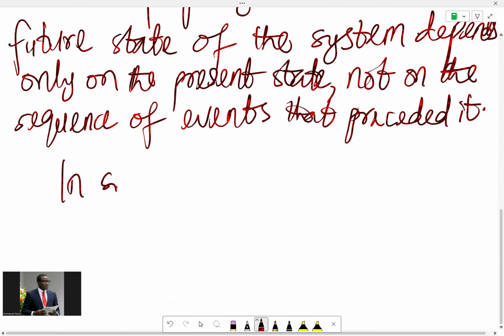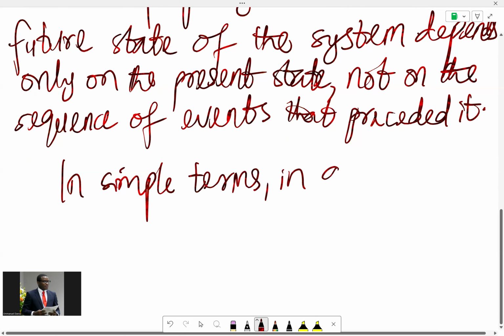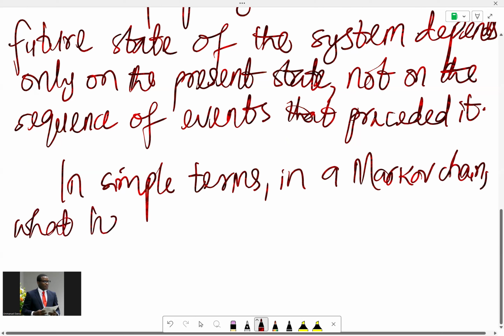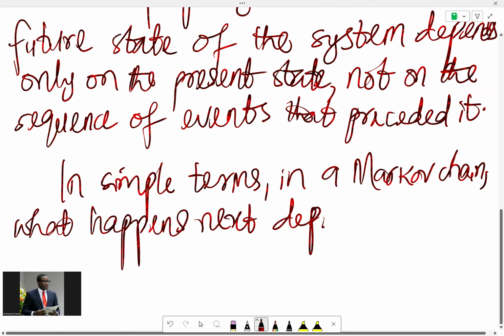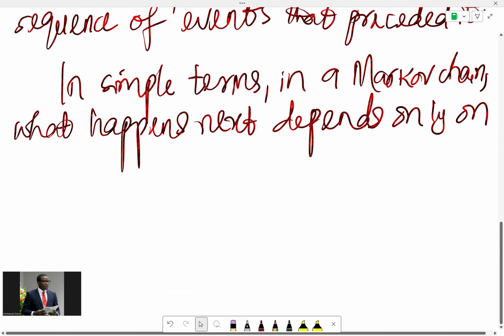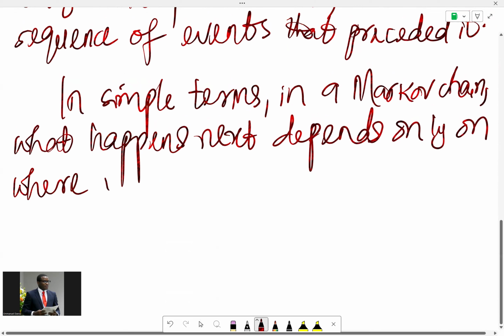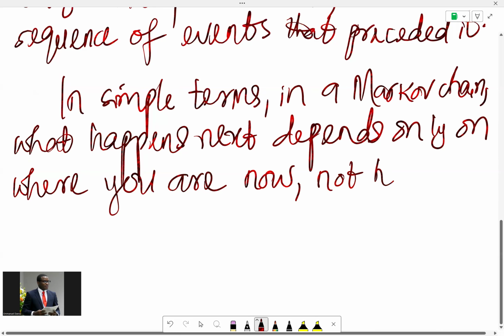So in simple terms, in a Markov chain, what happens next depends only on where you are now. Not how you got here.